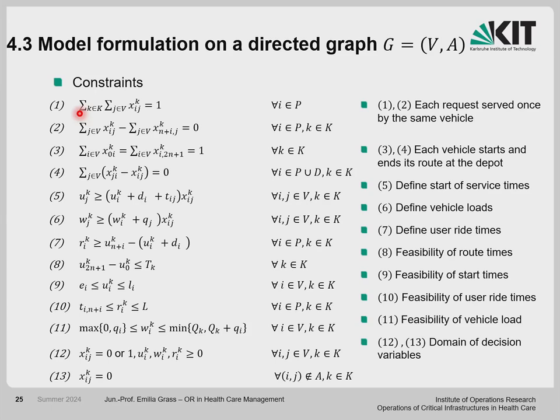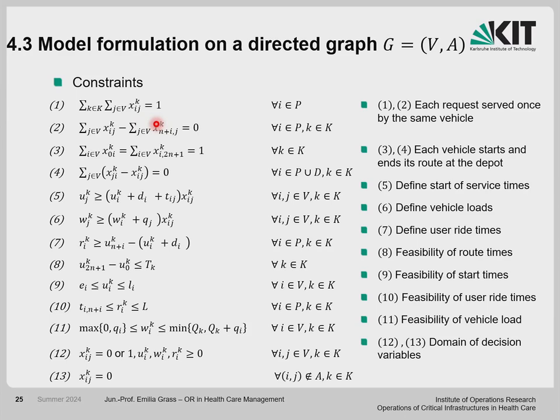So if the patient has to be delivered here, then this route has to be 1. It has to be the same, so if you put that on the right-hand side, it should be the same. This is some kind of flow conservation.